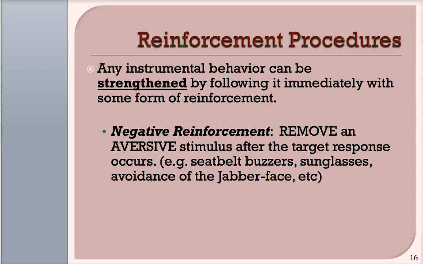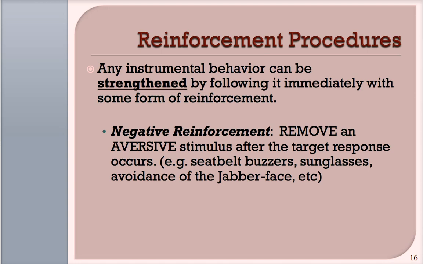Now, there's another type of reinforcement, negative reinforcement. So again, any operant or instrumental behavior can be strengthened by following it with some form of reinforcement, and we can use negative reinforcement. So we remove an aversive stimulus after the target behavior occurs. So for example, if you wear your seatbelt, many car manufacturers today have a buzzer that rings or buzzes until you put your seatbelt on.